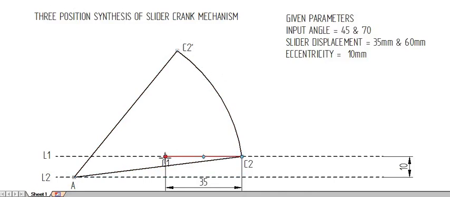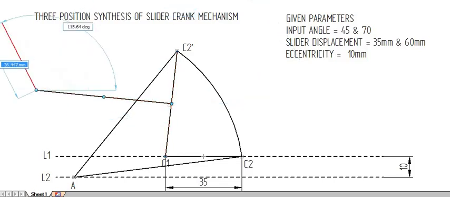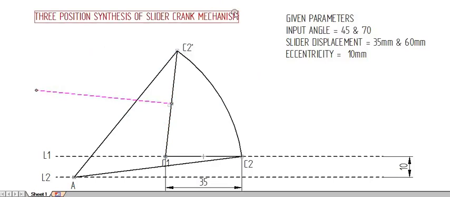Now join C1 and C2 dash and draw a perpendicular bisector of C1 C2 dash. This one is a perpendicular bisector. I am showing it in dotted line and naming it as NC1.